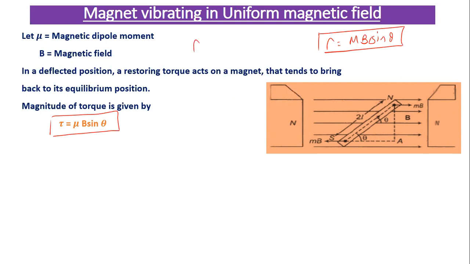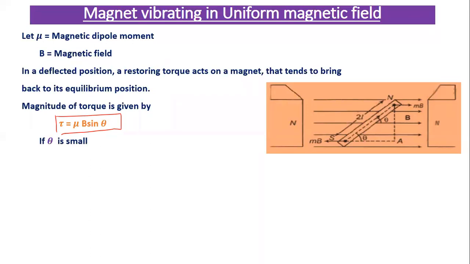Torque acting on an electric dipole is PE sine theta, where P is the electric dipole moment, E is the electric intensity, and theta is the angle. Here M is the magnetic dipole moment, B is the magnetic induction. So instead of capital M here we use mu. So the torque acting is given by the formula mu B sine theta.